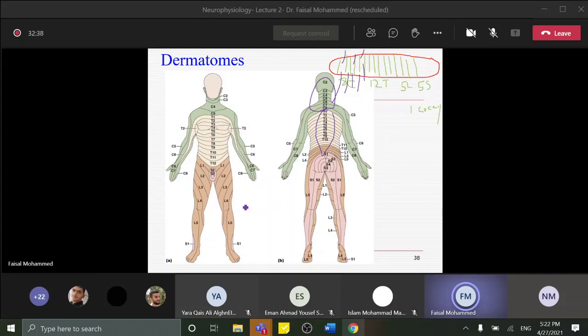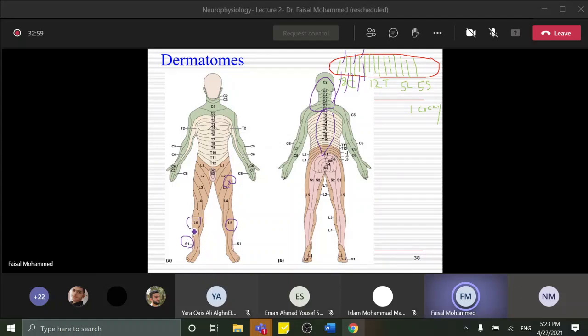So if you have, say, a disease or a pain from here, you know this is coming from L3. From here, it's coming from L5. From up here, S1, and so on, okay?